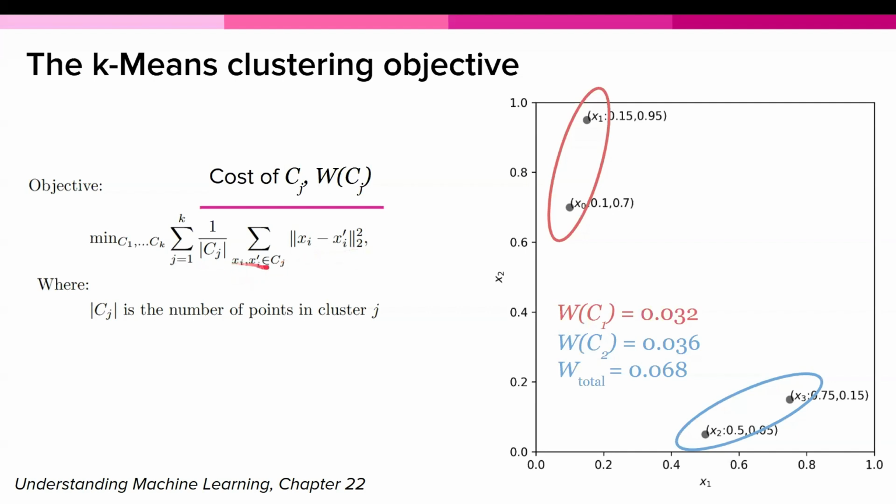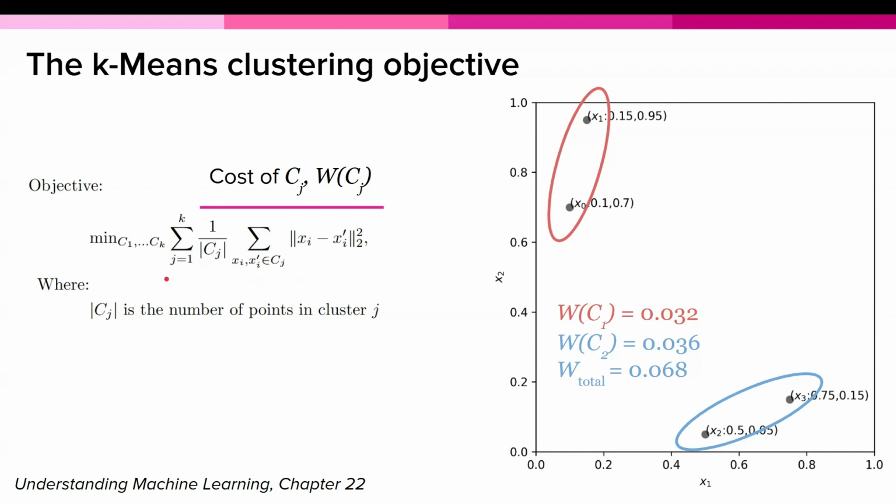Specifically, for each cluster Cj, we compute the sum of the squared distances between every pair of points within that cluster. Such as shown in this formula here. And so the cost of a cluster Cj is the average of these squared distances. And so the objective of k-means is to find the partition of the data set that minimizes the total cost across all clusters.